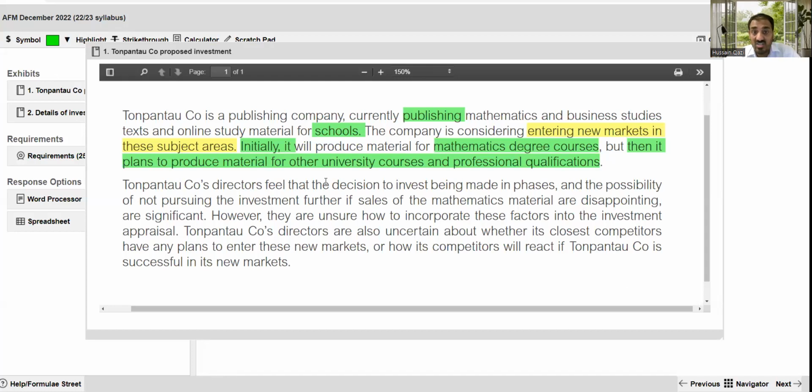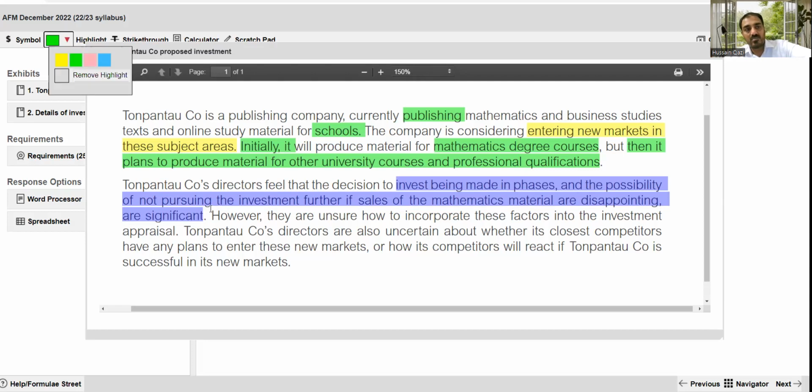Tonpantau company's directors feel that the decision to invest should be made in phases, with the possibility of not pursuing the investment further if sales of mathematics material are disappointing.